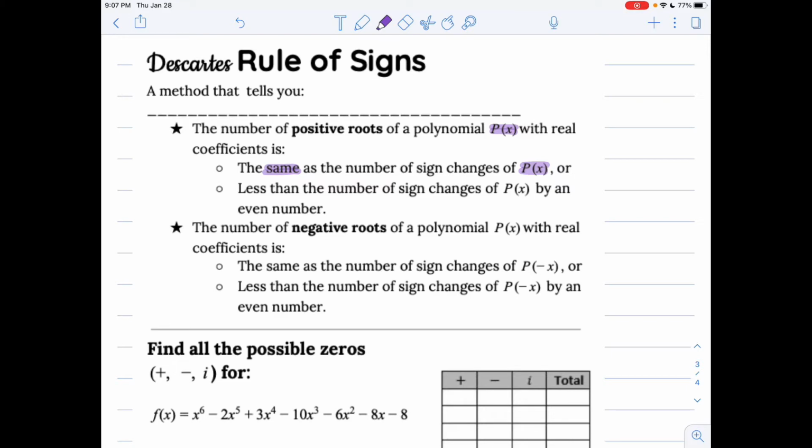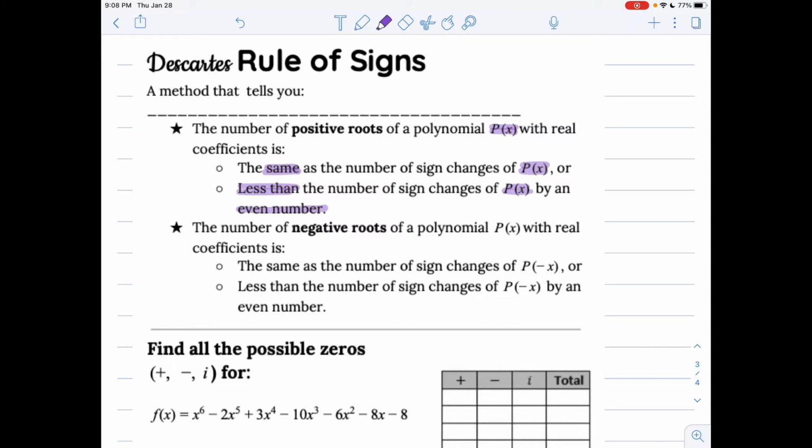But then it can be less than that number by an even number. So it could be less than that by 2, by 4, by 6. Of course, you can't go into negative numbers here because it doesn't make sense to count the number of roots in negative numbers. So you would stop when you got to a 1 or a 0.